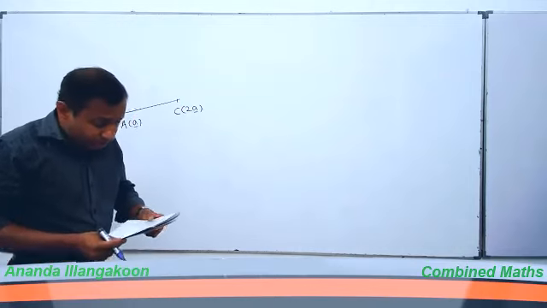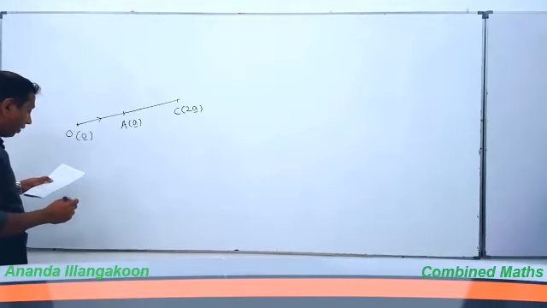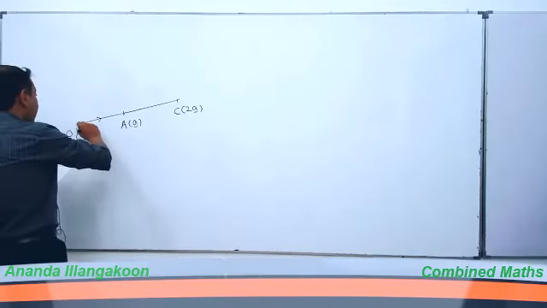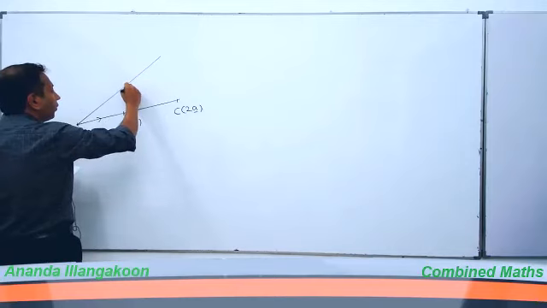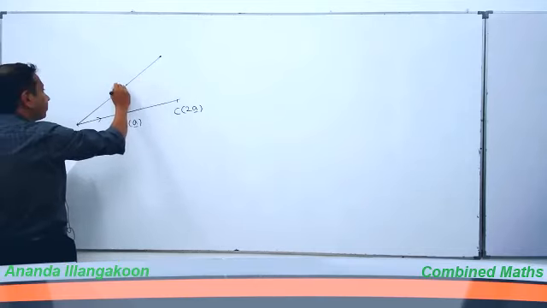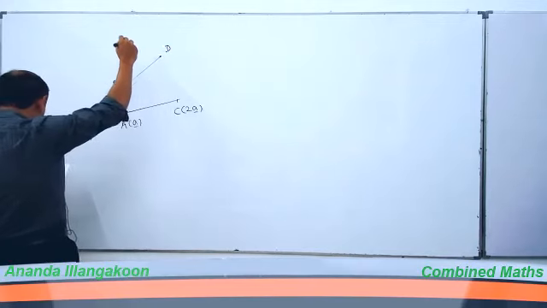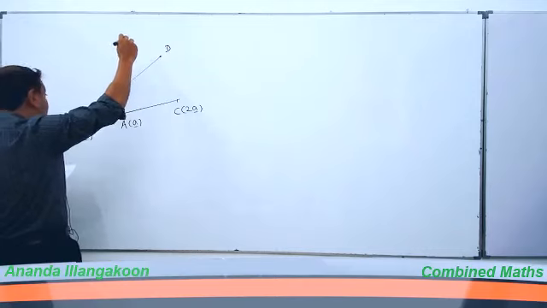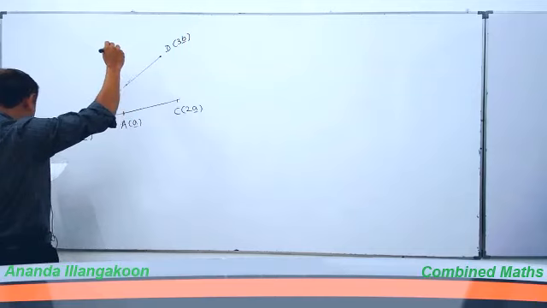Next one, B and D, 2B and 3B. We get 2B here, 3B here. This is B, this is D. Position vector of D is 3B. Position vector of B is 2B.